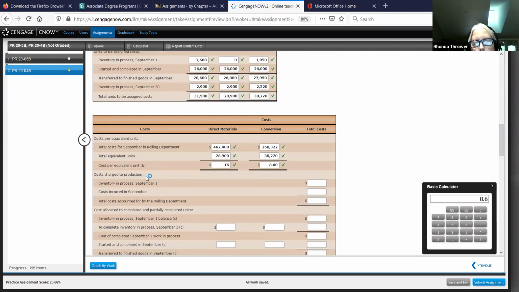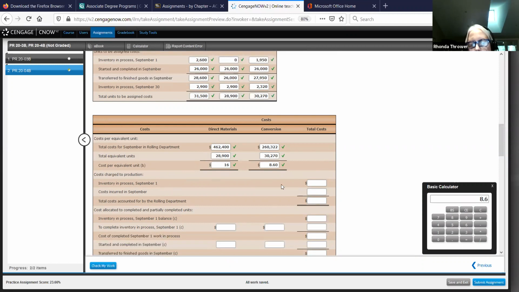Now, the second part of this cost is, first of all, determining what your total costs are that you need to account for by the rolling department.